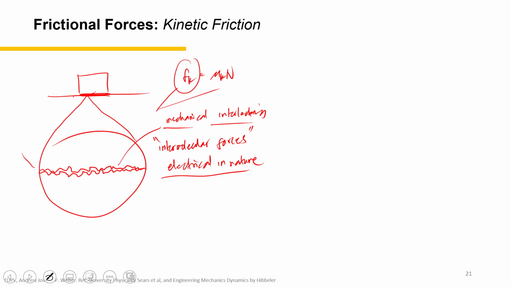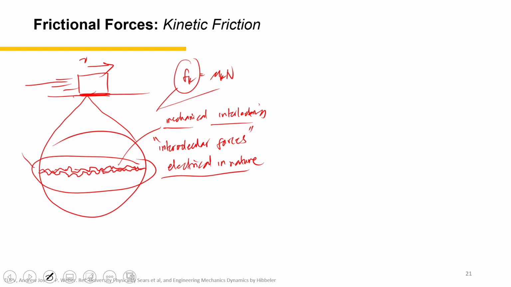So as the box slides over the floor or over the surface, the bonds that are present on these points between the surfaces form and break, and therefore the total number of bonds varies, correct?